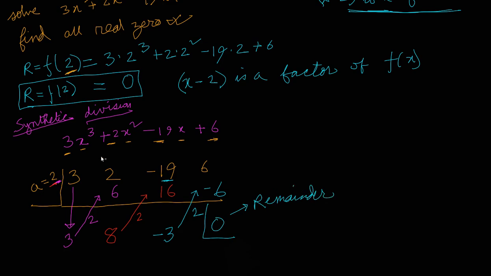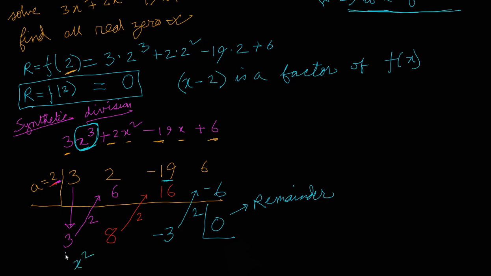Now what is going to be my quotient? First of all, for the quotient, what is the highest term of my polynomial? x cubed. So the highest power of my quotient will be one power below that, which is x squared.